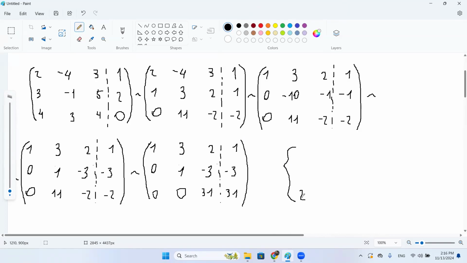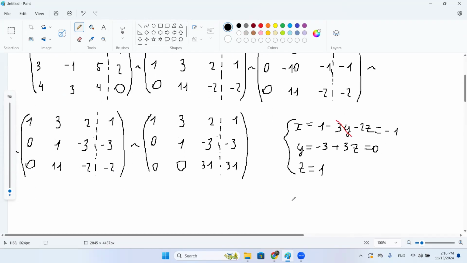By the way, we can find that already. So z equals 1. And then y equals minus 3 plus 3z, it equals 0. X equals 1 minus 3y minus 2z. So y is 0, as we already know. So 1 minus 2 equals minus 1.